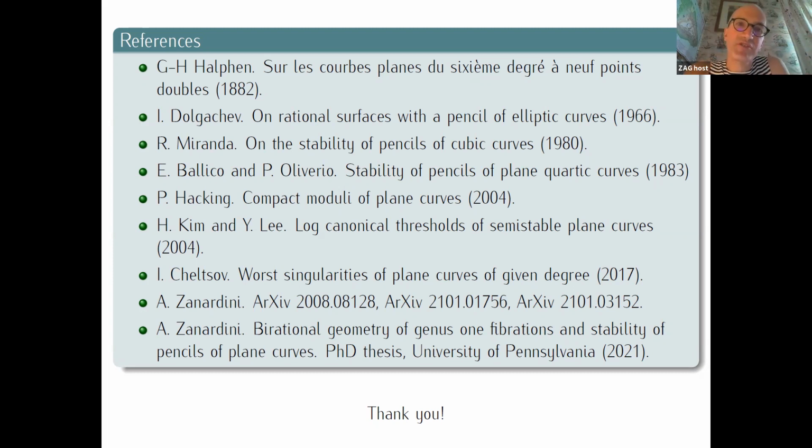it's not Fano, except in very few special cases when it's a pencil of conics. But in this case, this is just a del Pezzo surface of degree 5. In this case, you can also speak about, for example, K-stability of this surface, of this Fano variety.